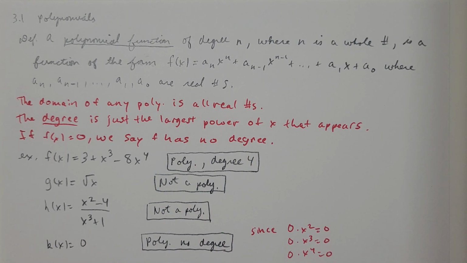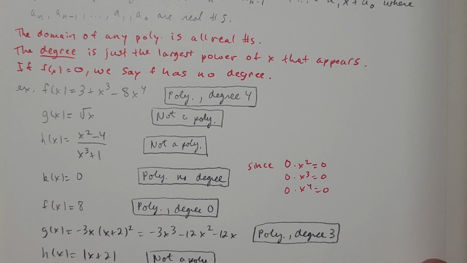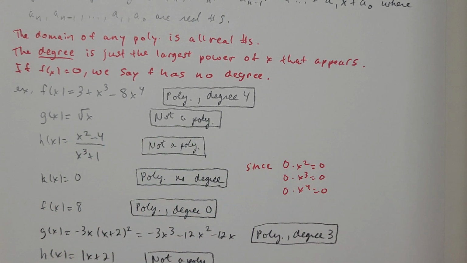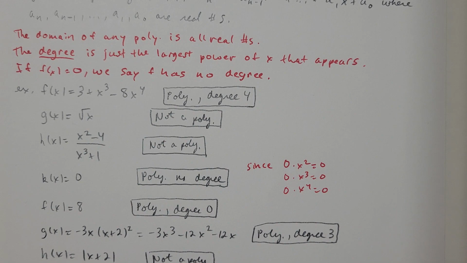Okay. How about another example? So what if we had the function g of x equals the square root of x? Is that a polynomial? Well, condition 1, every single value in front of x has to be a real number. 1 is a real number. Okay, and condition 2 says that every single power of x has to be a whole number.